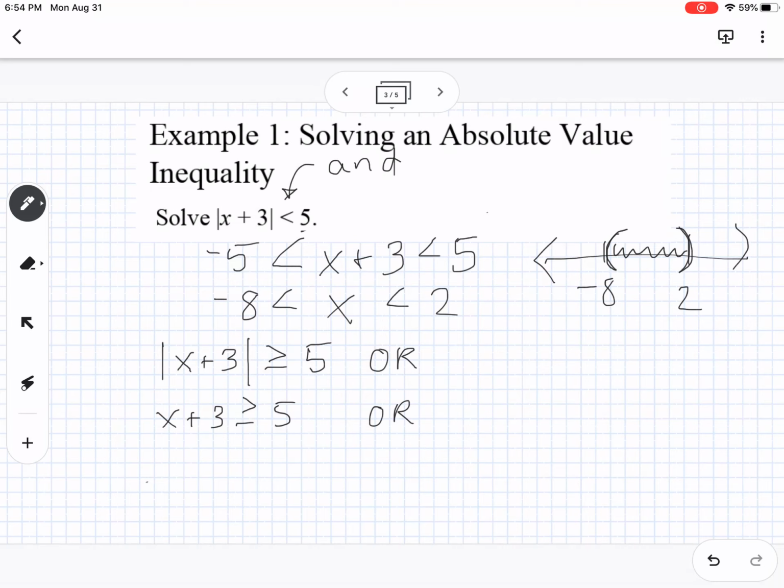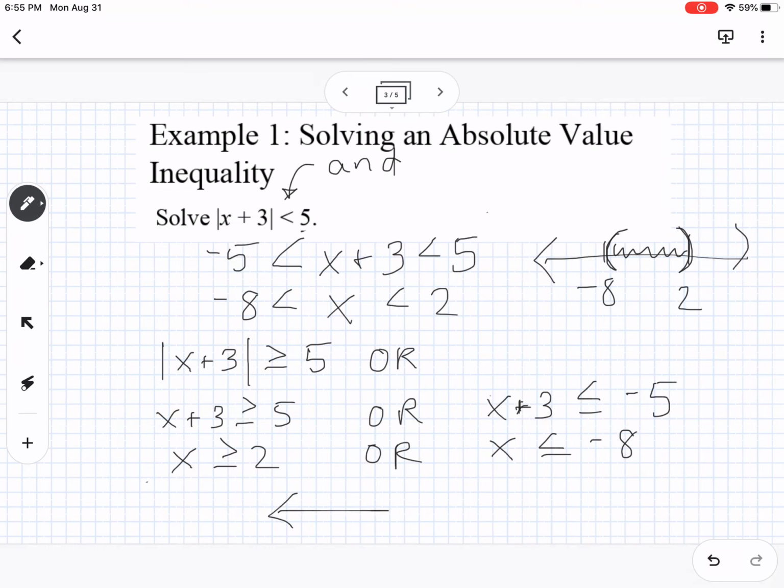Or x plus 3 is going to be, I'm going to flip the symbol and the sign with the 5. So, or it's less than or equal to negative 5. So over here I get x is greater than or equal to 2, or x is less than or equal to negative 8.